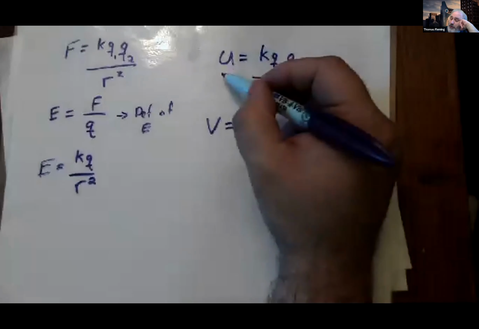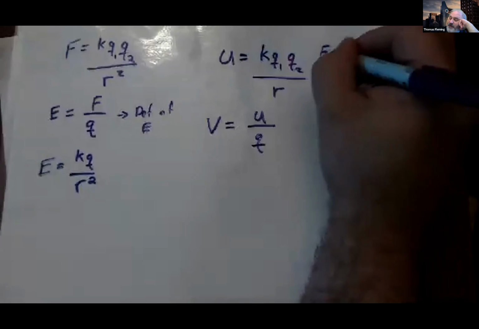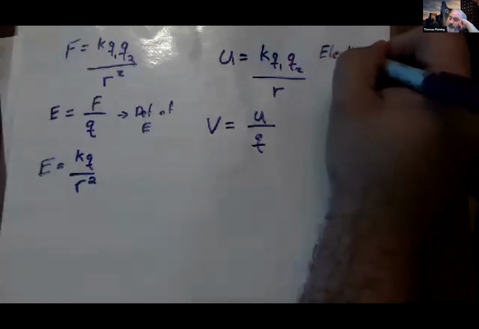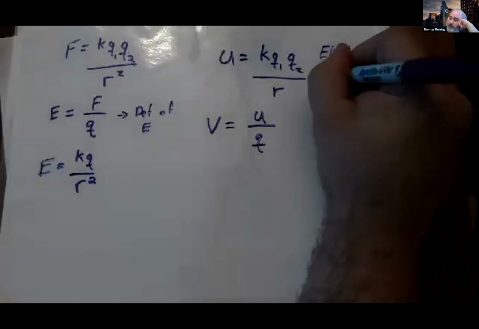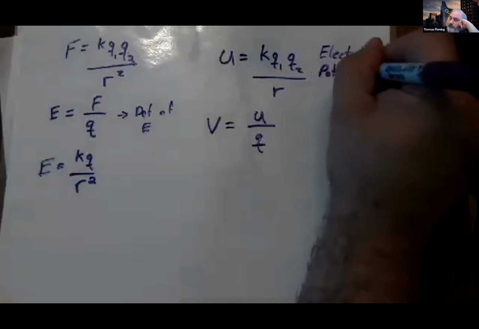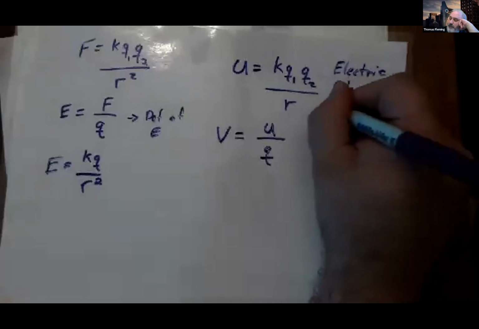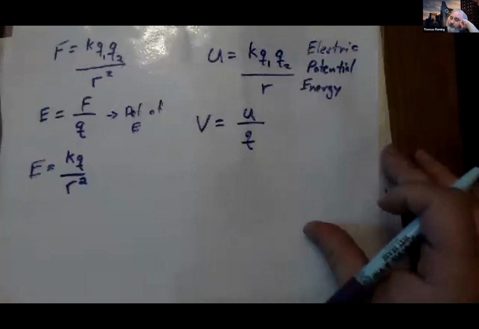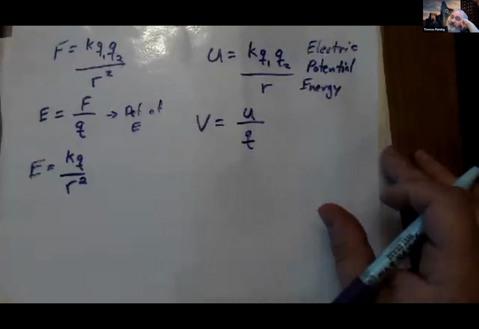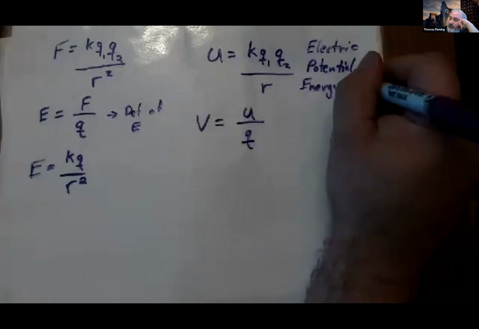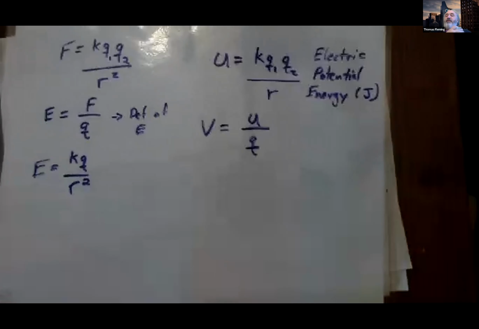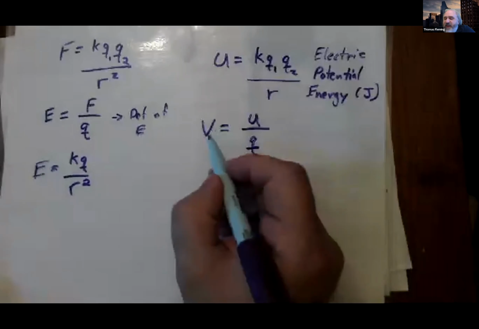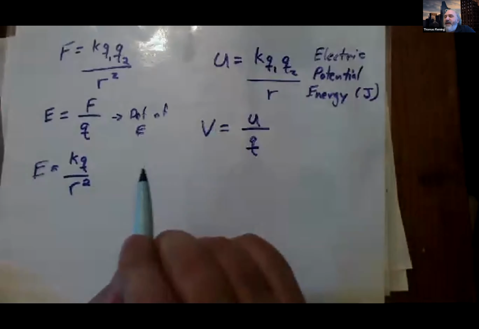When I'm talking about U, this is the electric potential energy. The electric potential energy is measured in joules, just like any other potential energy. But this thing here, this concept V that we've just made up, has a name.